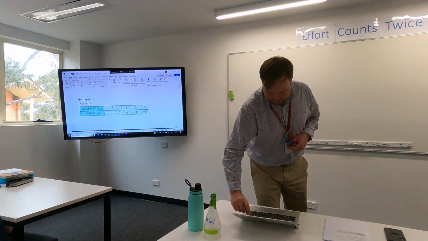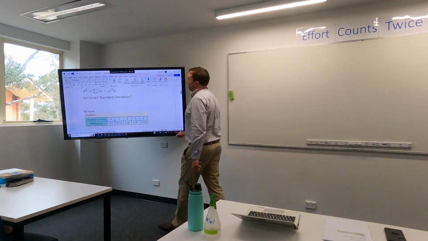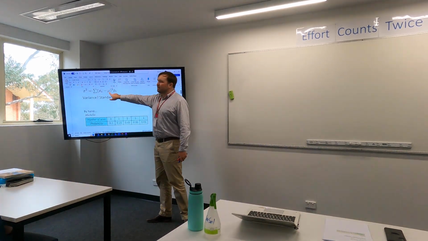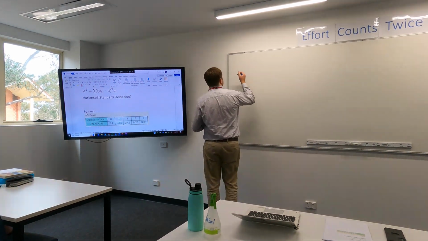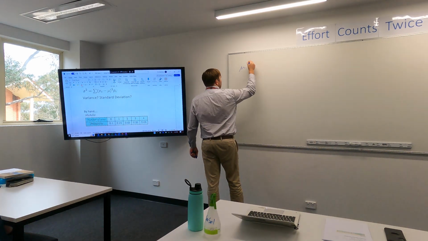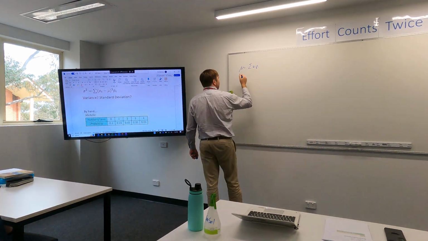So, by hand, before we start using this formula, we need to find the mean. You might remember from yesterday that the mean is the sum of all x_i p_i.